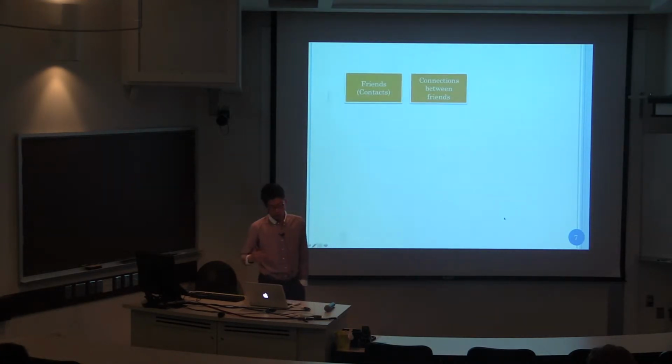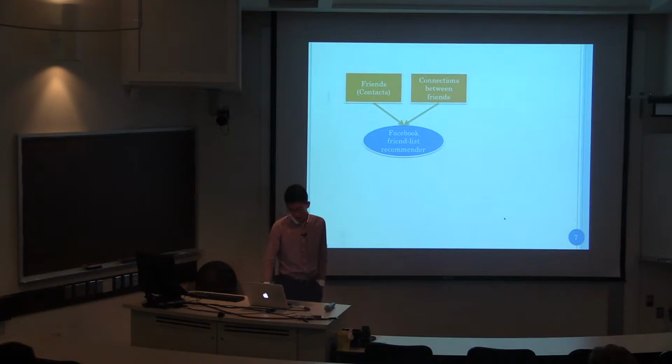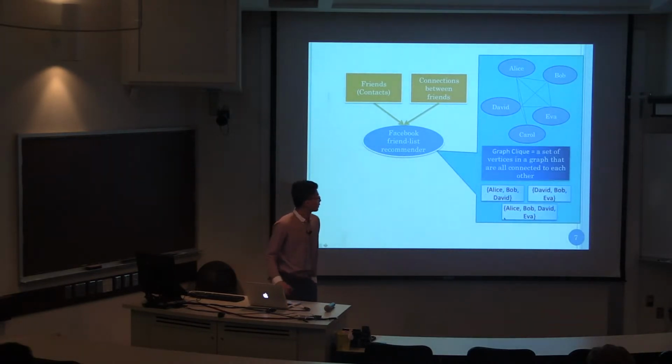The algorithm tries to recommend friend lists based on the user's friends and the connections between friends. The algorithm analyzes the social graph to find the maximal cliques and uses the cliques to derive friend lists. A clique is a set of nodes in a graph where all members are connected to each other.